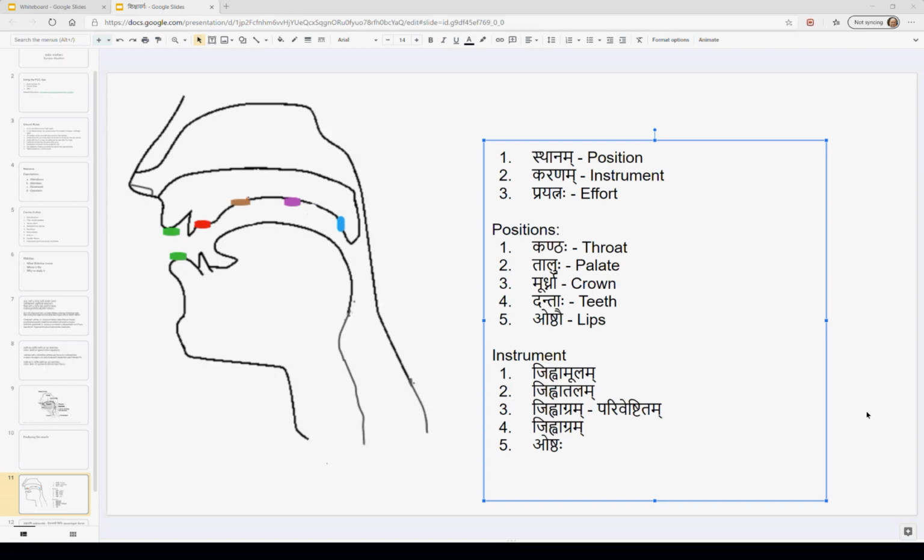Okay, so again coming back to the vowels or the swara, in Sanskritam they are called swara, which we saw last time. What is a swara? A swara which can be pronounced independent of what? Without touching any part of the mouth. This is the technical definition.